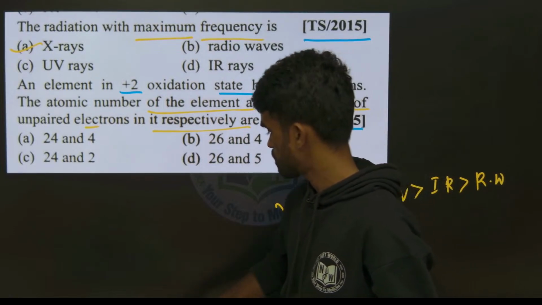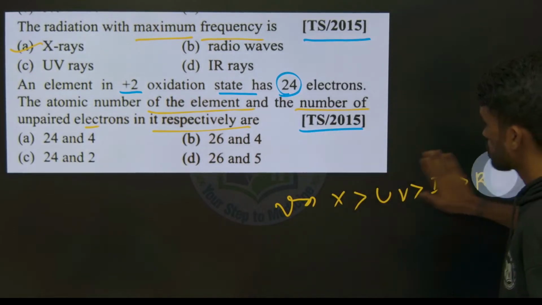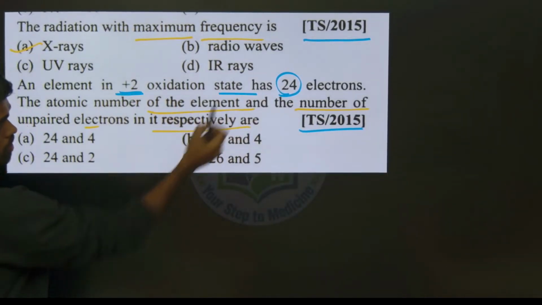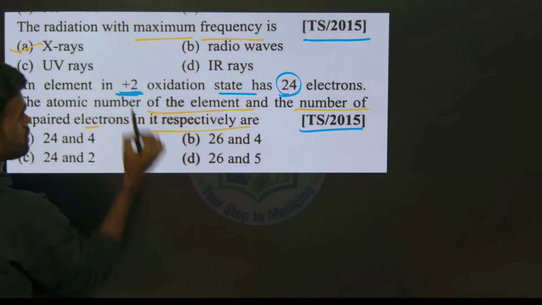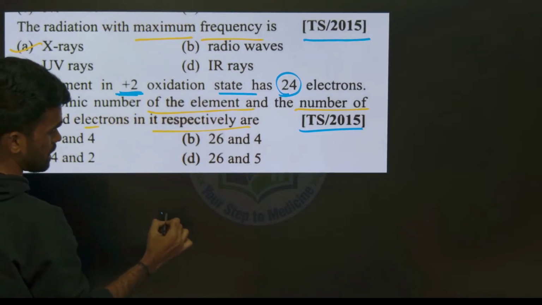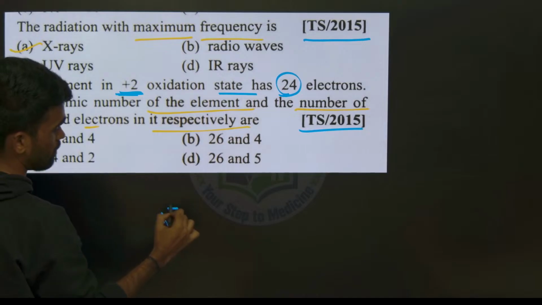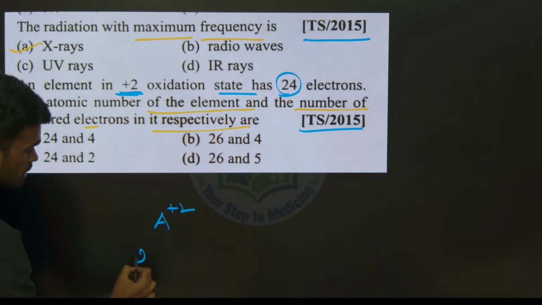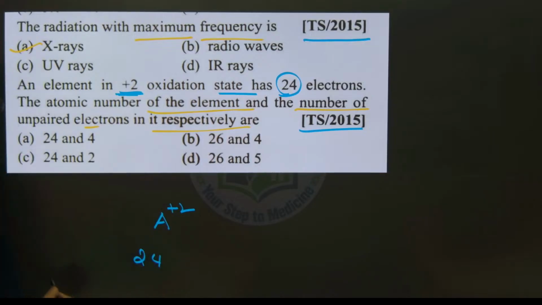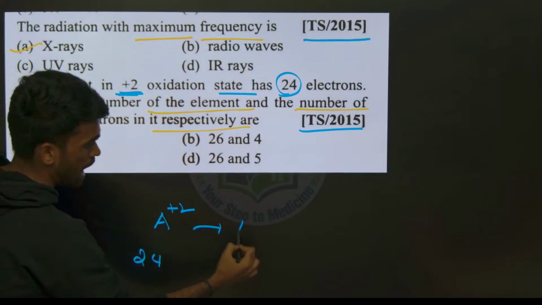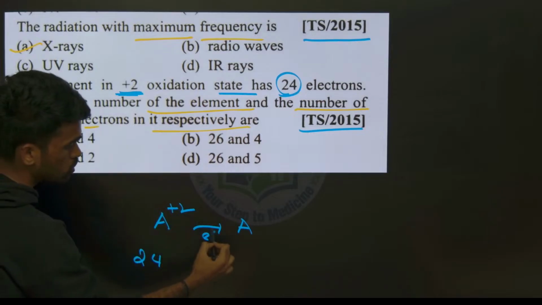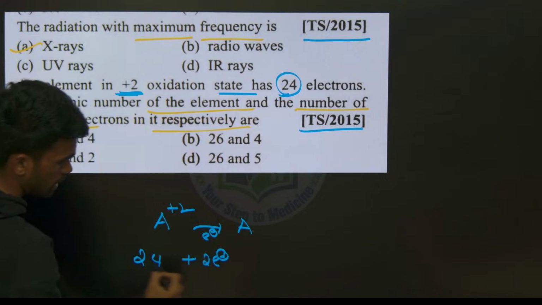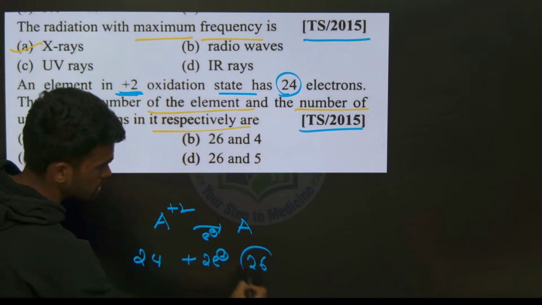Let us say A is an element having +2 oxidation state, with 24 electrons. If I want to make the atom, I need to add 2 electrons. So in atomic form it has how many electrons in total? If I add 2, 26 total.